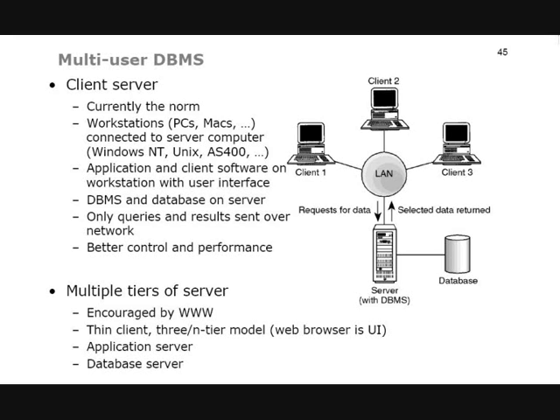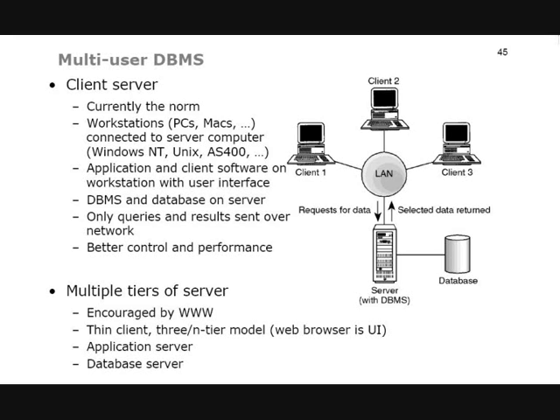The initial systems would have been done like that, but as we have moved into the world of the World Wide Web, we have found that we have more than one layer of the client-server architecture. So we have a thin layer, which might be your web application, and then we have more tiers.